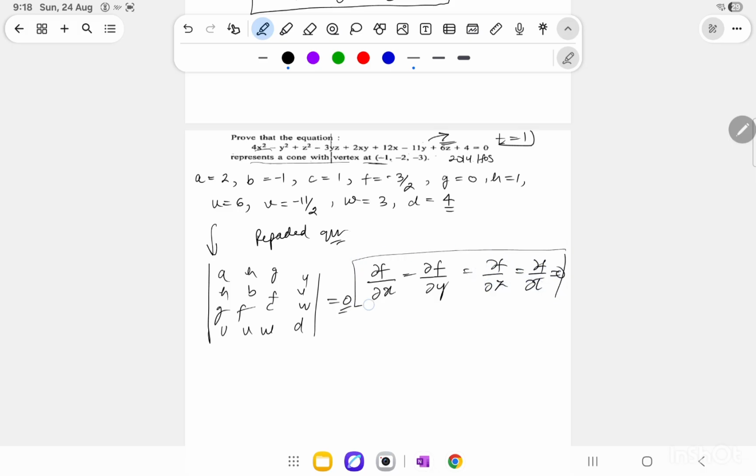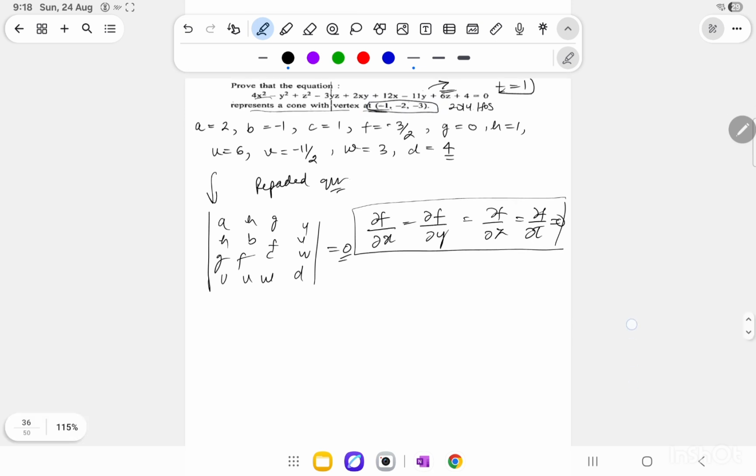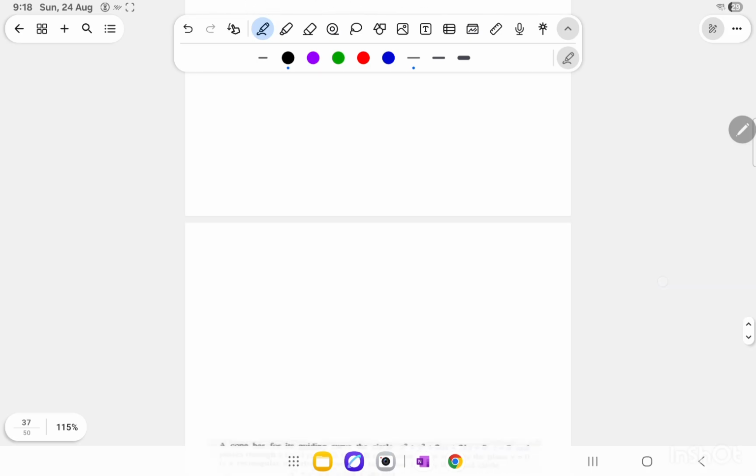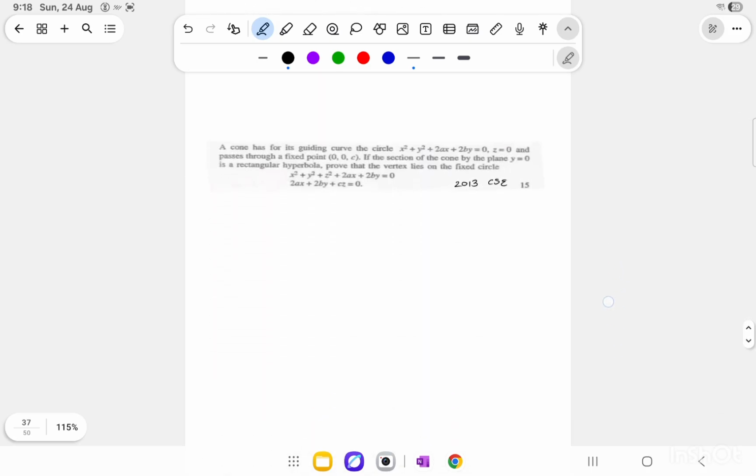So from here you'll get basically 4 equations in x, y, z, and t, and you can solve any 3 equations by putting t equals 1 and then verify the values of x, y, and z by substituting in the fourth one. So you'll get this as the vertex. So this is basically a repeated question. Let's move on to the next question.